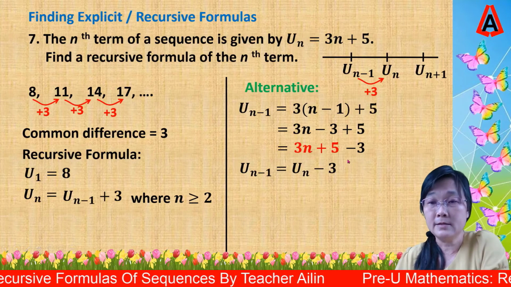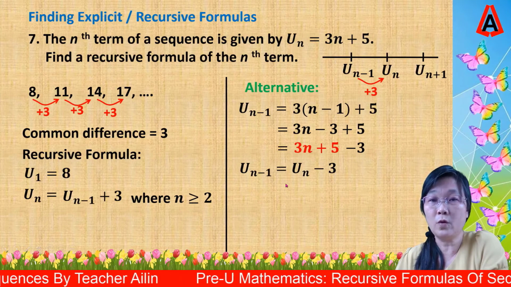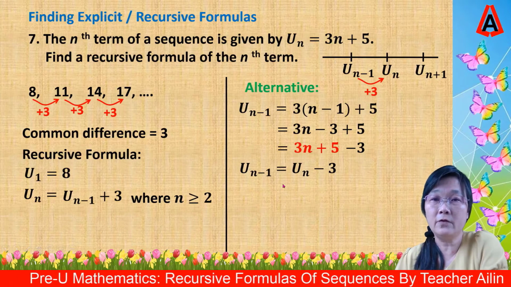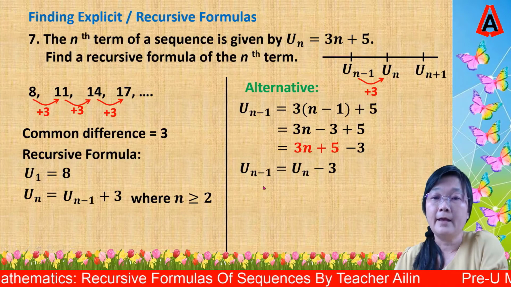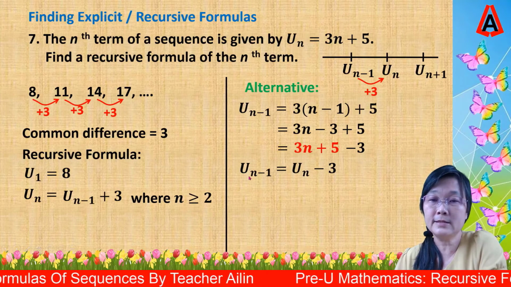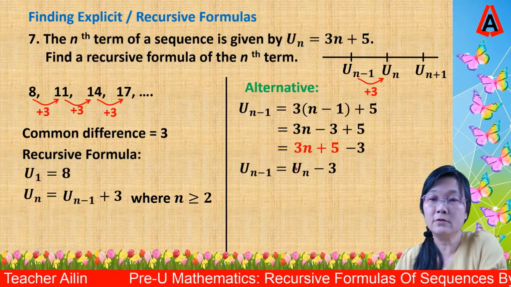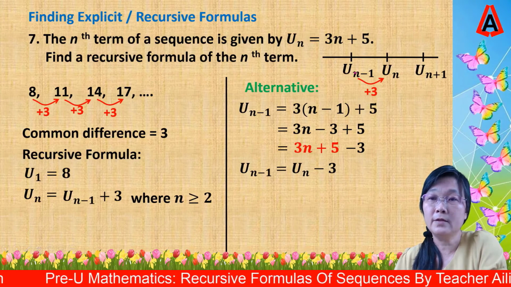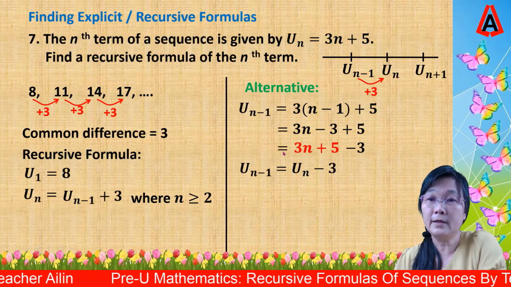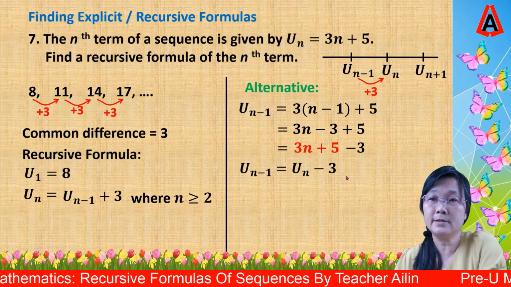But this equation is not the recursive formula that we want, because the recursive formula asks for un. Another reason is that it seems un minus 1 depends on un, so the term on the left depends on the term on the right, which is not correct.